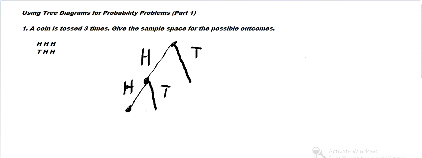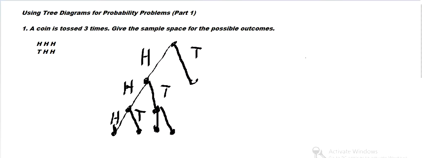And same again. If we do heads, then heads, we can also get another heads, or we can get tails. Then if we get heads, tails, we can also get either heads or tails after that.